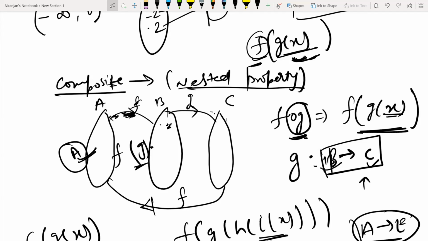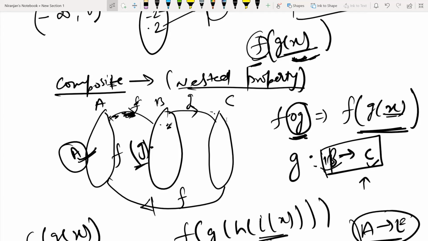That's what composition means. In terms of functions, what she said is totally fine. That's exactly what it means: if you have one function and you have another function, you are defining that function into another function.